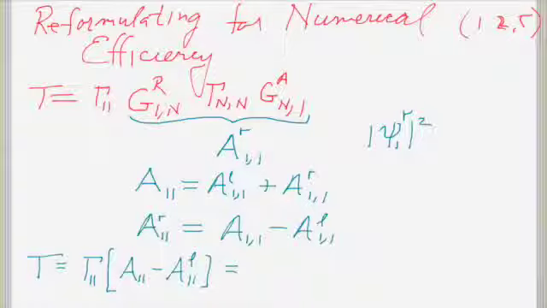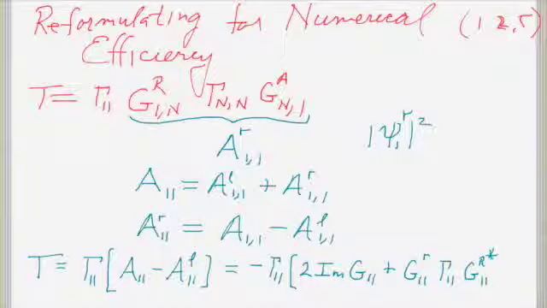And that's equal to negative Gamma_11 times (2 imaginary G_11 plus G^R_11 Gamma_11 G^R_11 star). Because you use this relation here, and you also use the fact that the full spectral function A_11 is negative 2 imaginary G_11, at least if they're all scalars.